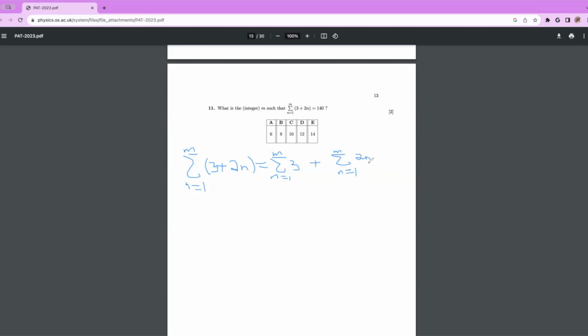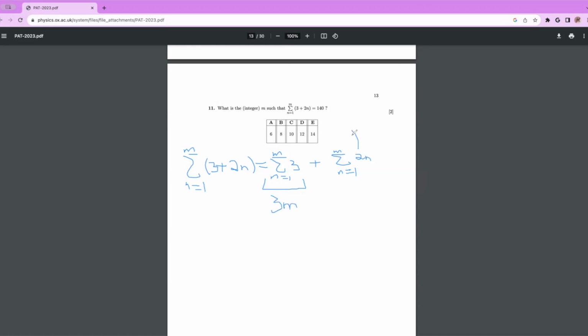And I suppose this is just a matter of remembering formulas. For the first part, if you add from 1 to m, for example, take m is 2, which means n equals 1, so you'll add 3, and n equals 2, so you'll add 3 more, you'll have 2 times 3. So this basically means you'll add 3 m times, which simplifies to 3m.